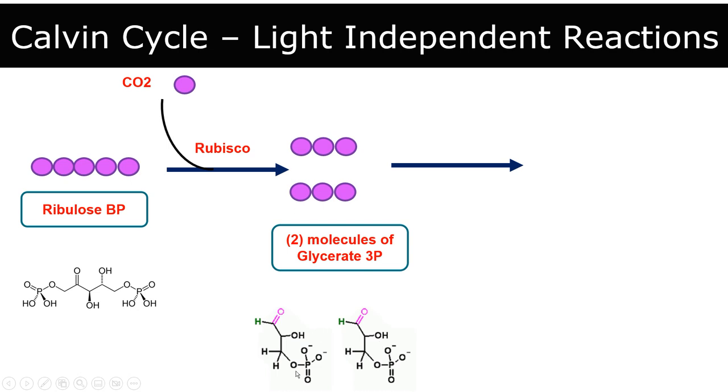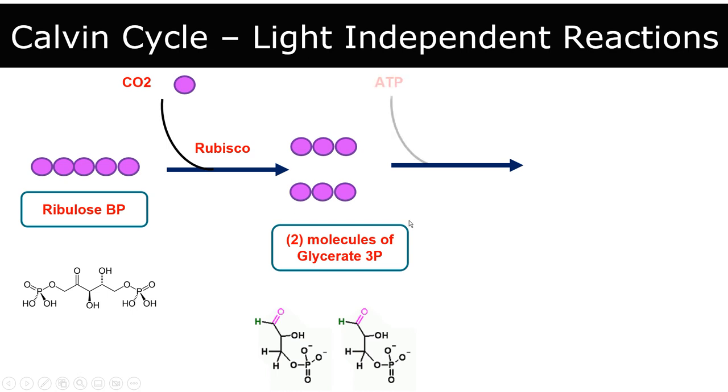This is a glycerate and it's got 1, 2, 3 carbons, and look, there's a phosphate on each one. And just a reminder that when I add a CO2 to something, that's a carboxylation. When I take a CO2 away, that's a decarboxylation. When I add one, that's a carboxylation. So Rubisco is combining CO2 with ribulose biphosphate. It's carboxylating this ribulose biphosphate to create 2 molecules of glycerate 3-phosphate.